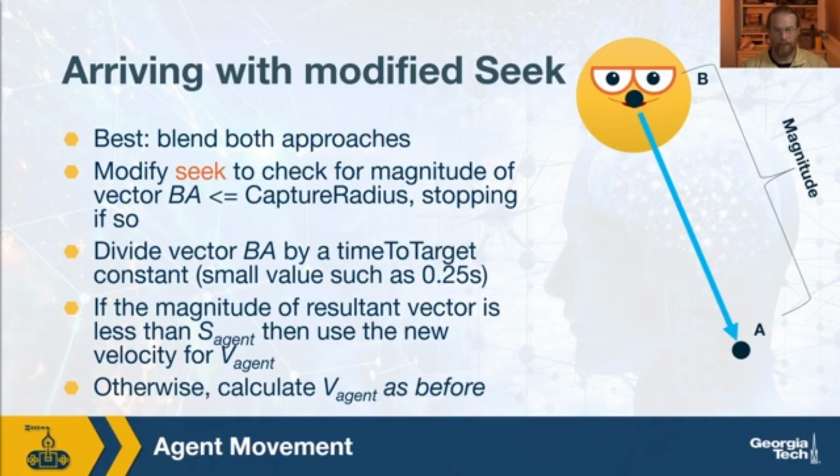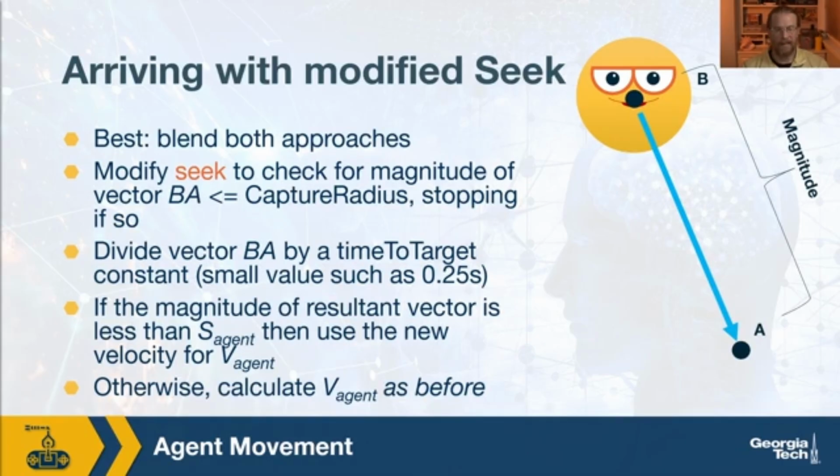Usually that's not an issue relative to the capture radius, but you might actually want to adjust the time, though in practice that isn't necessary. You just keep using the 0.25 seconds and calculating.